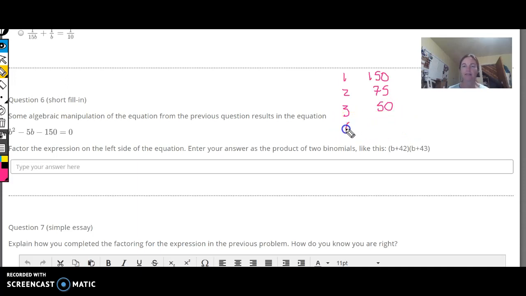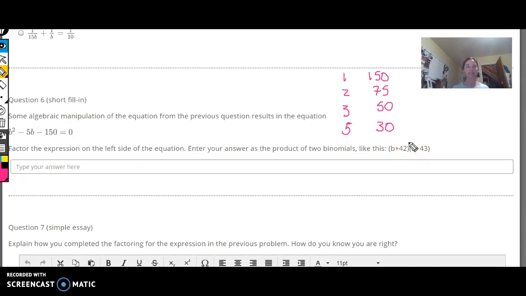Let's see, 5 goes in 30. Oh, of course, 5 and 30. 6 is going to go in there because 30 does.